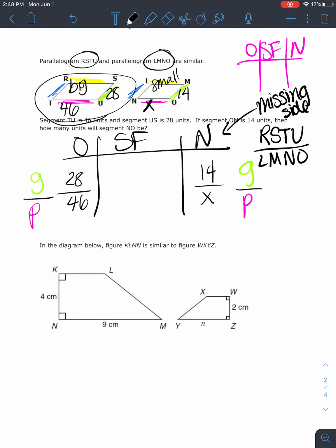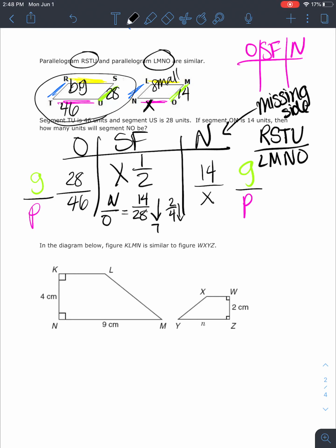So I am just going to stick with Old Faithful, which is stacking my new over original. If I do that, I will always get my scale factor. So I'm going to stack 14 over 28. You can put this in your calculator, or maybe you recognize that both 14 and 28 have a 7 in common, and that would get you 2 over 4, which I could simplify to what?